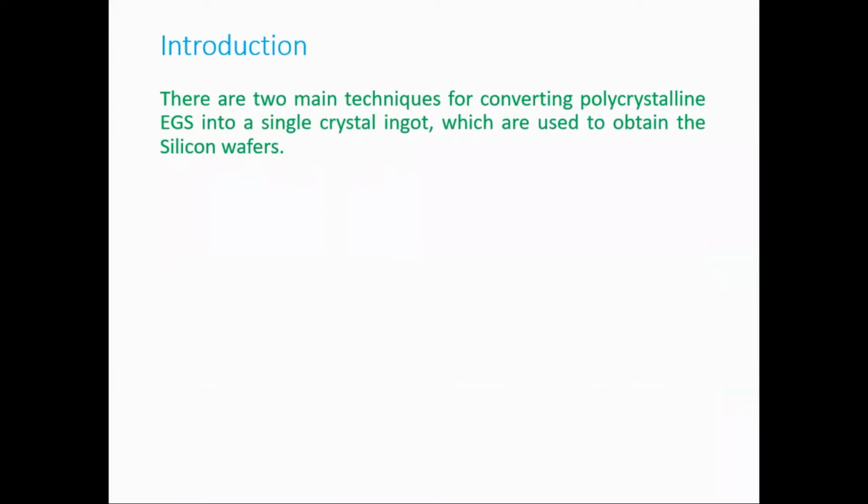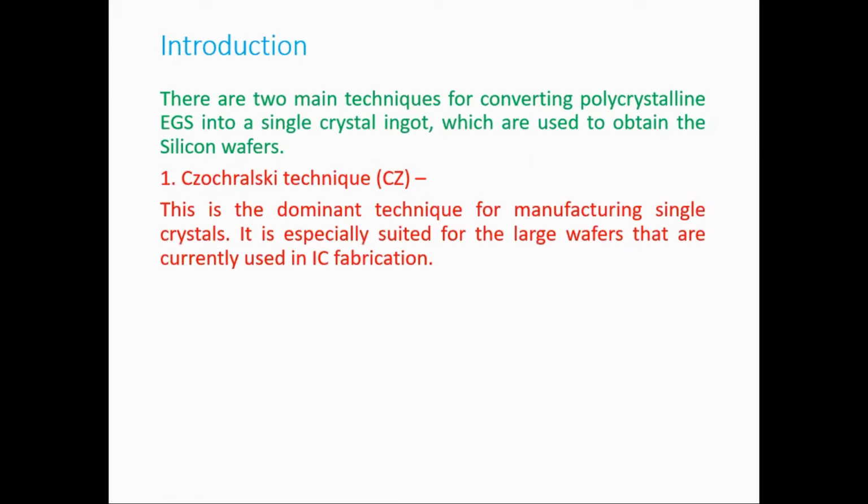There are two main techniques of converting polycrystalline electronic grade silicon into a single crystal ingot, which is used to obtain single silicon wafers. The first technique is the CZ or Czochralski technique. This is the dominant technique for manufacturing single crystals.